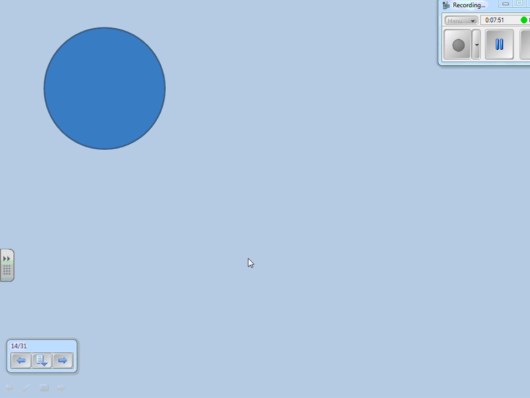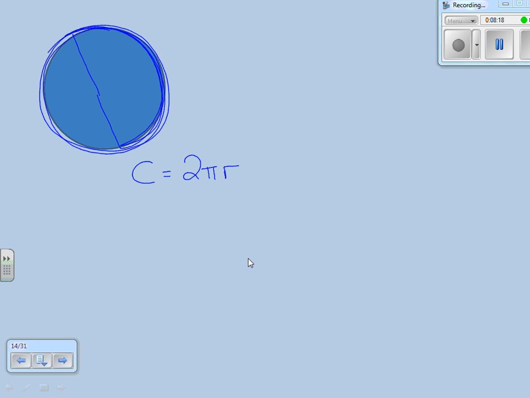The final bit is looking at circles. You'll remember from GCSE, around the outside of the circle is called its circumference, and the distance around the outside is equal to 2 times pi times the radius of the circle. Now at A-level we're never looking to go all the way around, we're quite often looking at trying to find a small part of it. If I went halfway round, my arc length would be a half of 2 pi r.